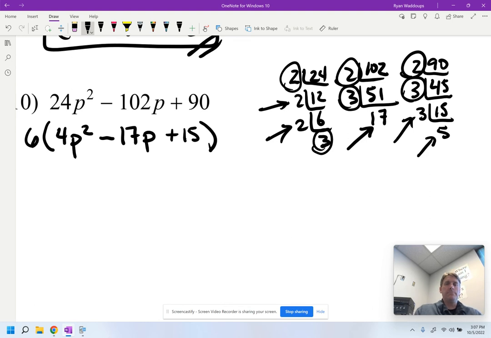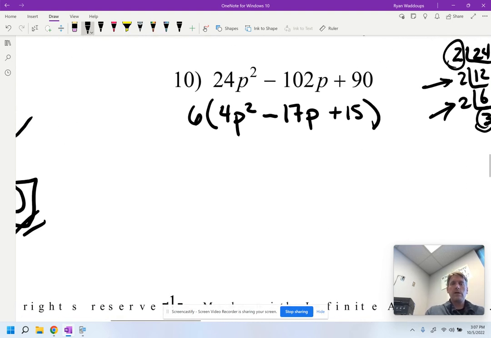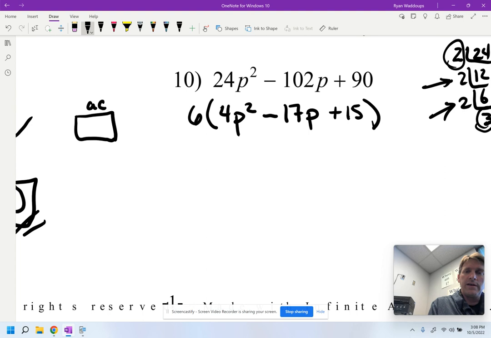And so then I go off to the side here, and I'm going to say my AC value, this time I have something for A other than 1, it's 4. And C is 15. So 4 times 15 is 60. And B is negative 17.